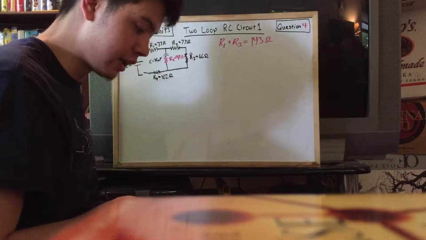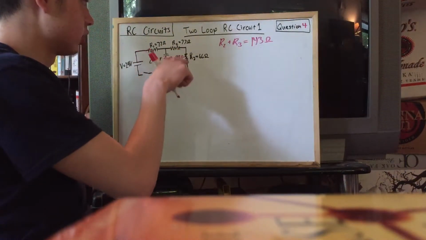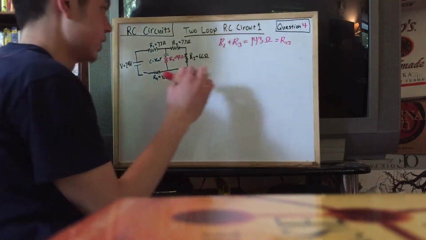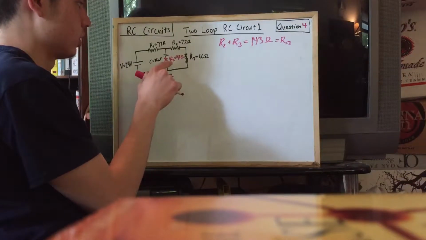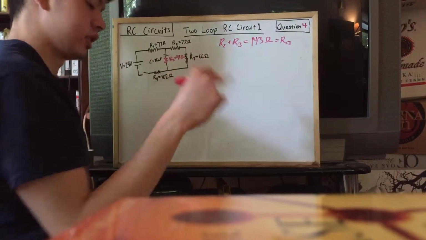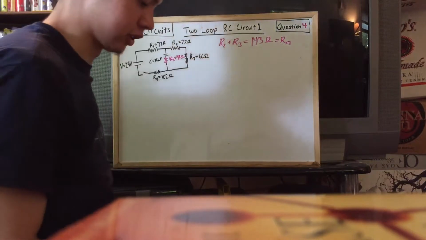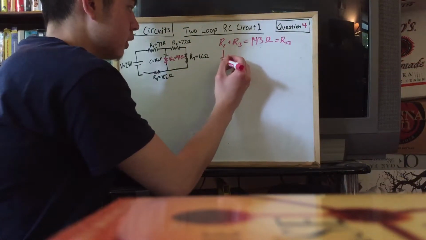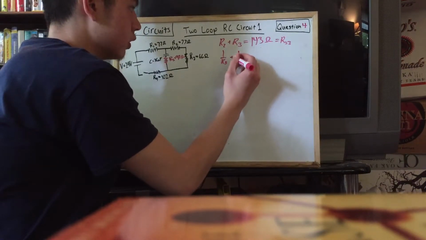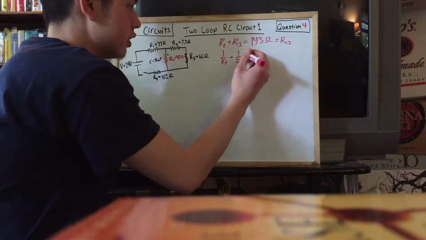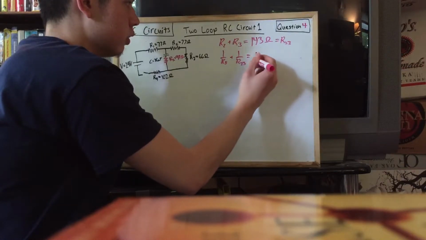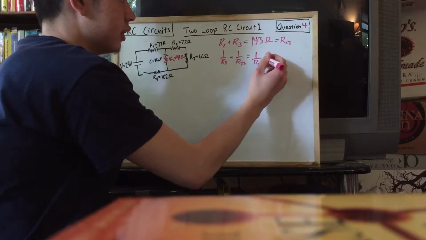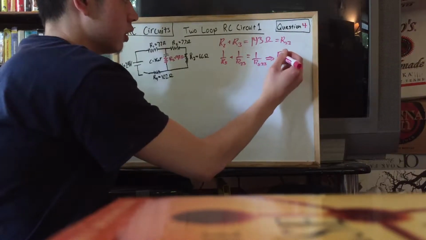And now, because R2, R3 is going to be parallel to R5, these will have to be added inversely. So 1 over R5 plus 1 over R2,3 is equal to 1 over R5,2,3, and then you have to flip it.